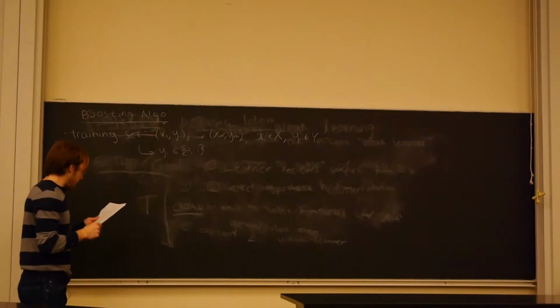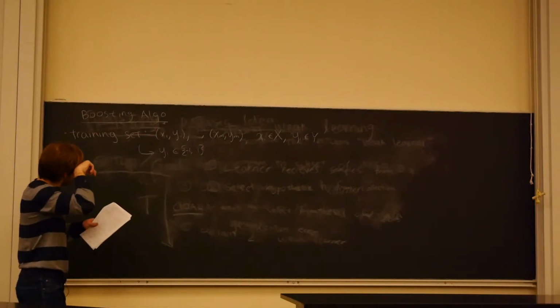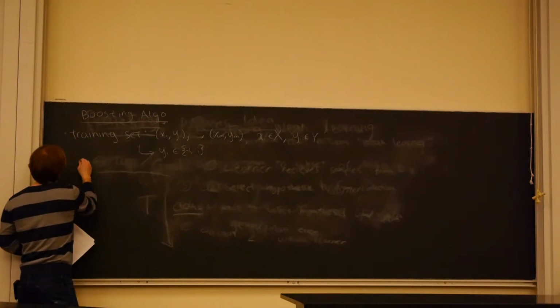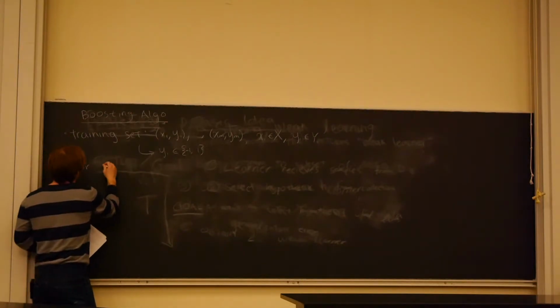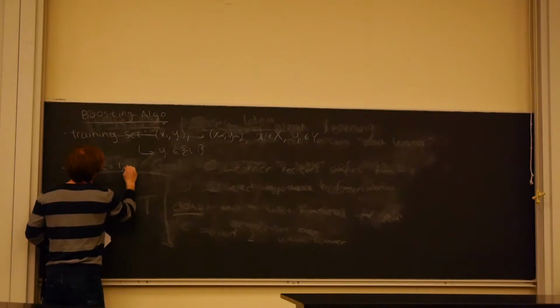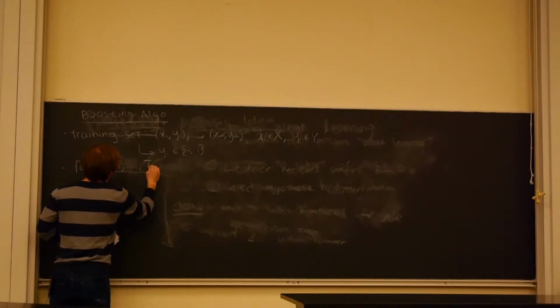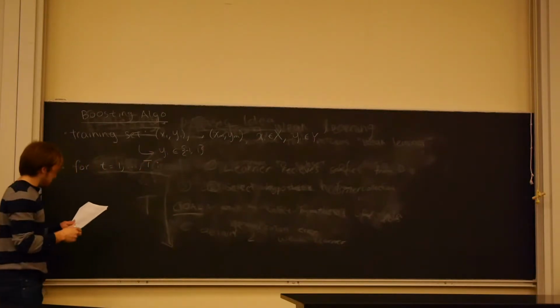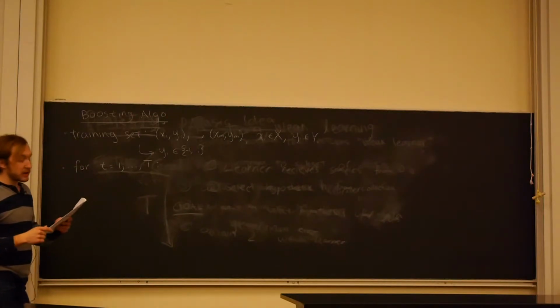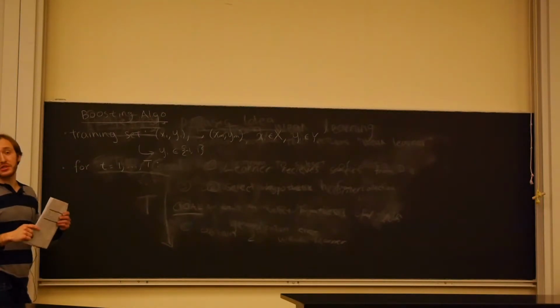Okay. So basically for rounds, lowercase t through capital T. So for capital T rounds, you do the following steps. You first construct some sort of distribution, so some discrete distribution over your m data points.